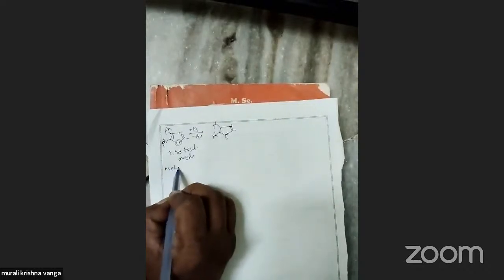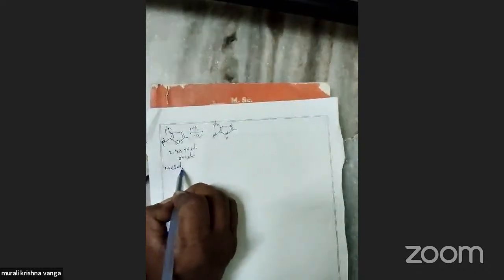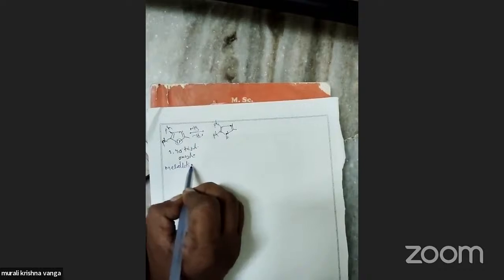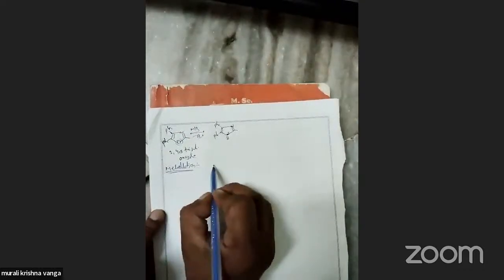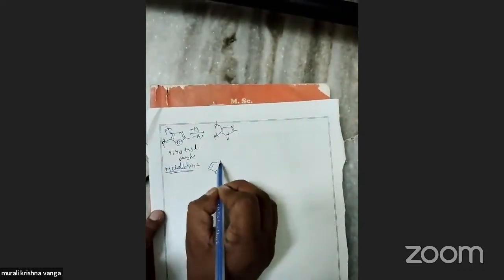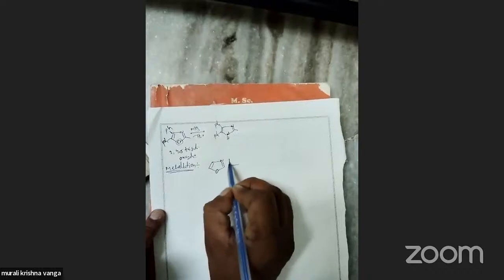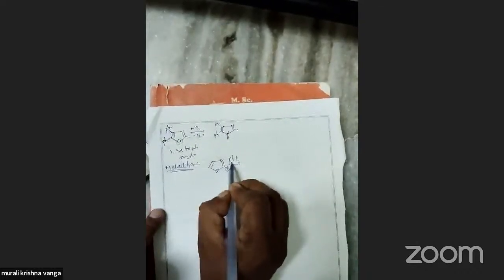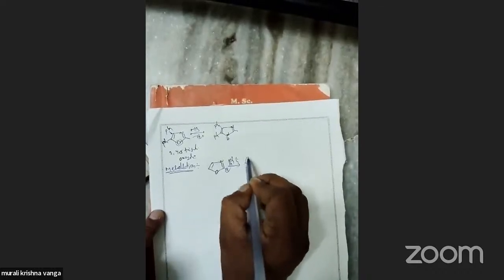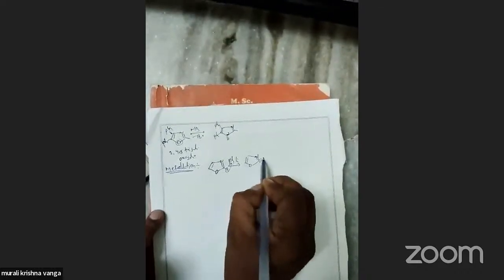Next, metallation. Metallation of oxazole takes place at the second position. When reacting with phenyllithium, the base abstracts the proton from here, and metallation takes place at the second position.